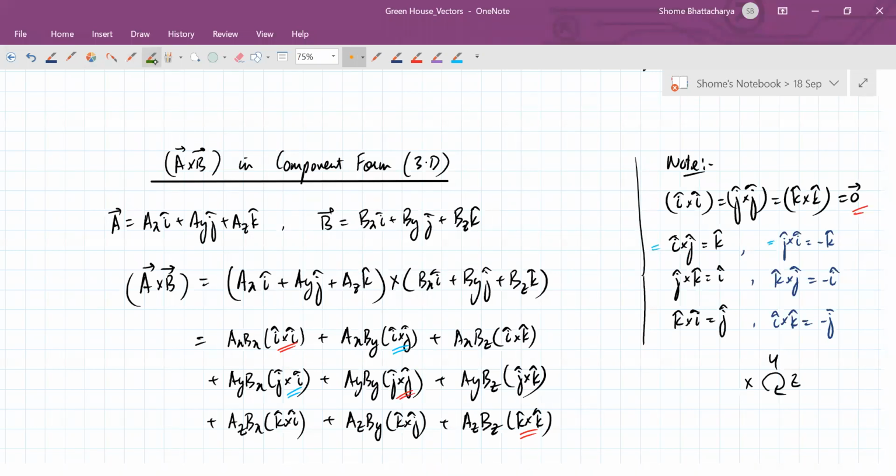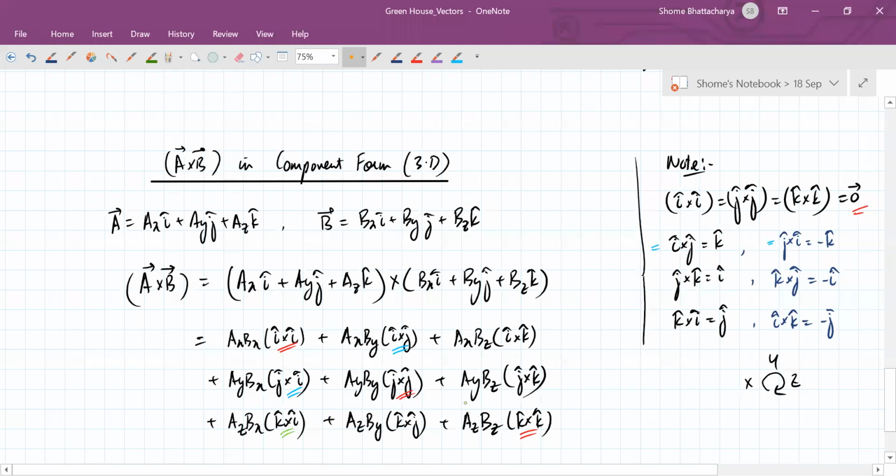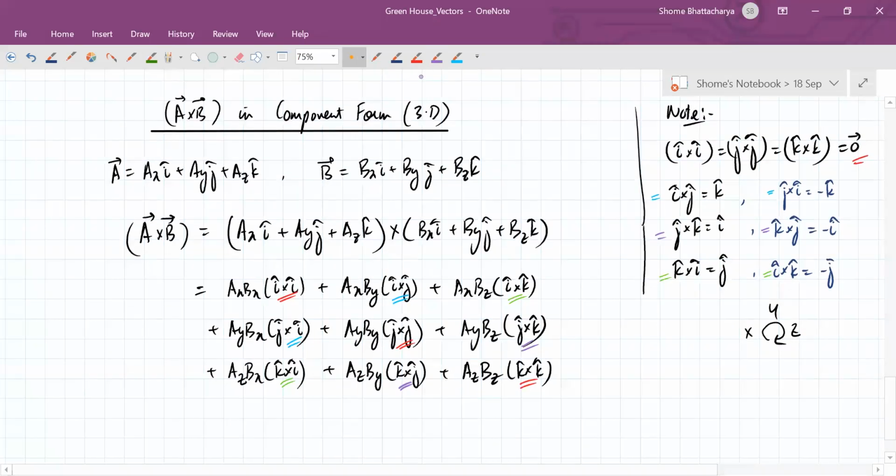Next you can see that K cross I and I cross K involve these. And finally, K cross J and J cross K, those two terms are this. So replace all the red ones with 0, and just take the color coded terms together.